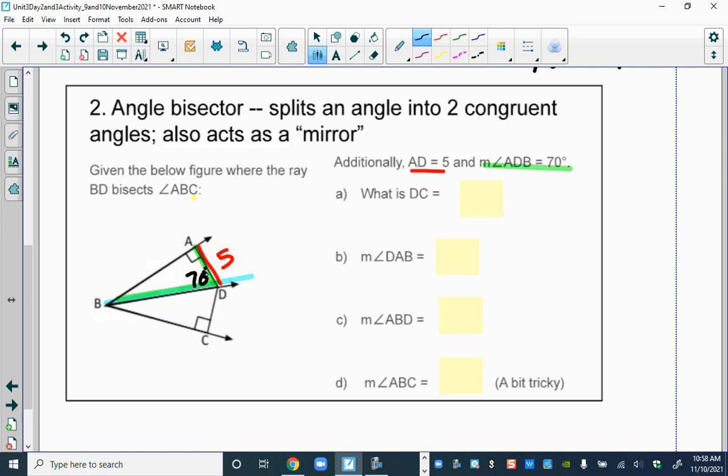Now we need to figure out all this other information. Good news is, we know it. DC is also going to be 5, so that's a good start. DC is going to be 5, because AD is going to go into DC, so that means AD and DC are the same.